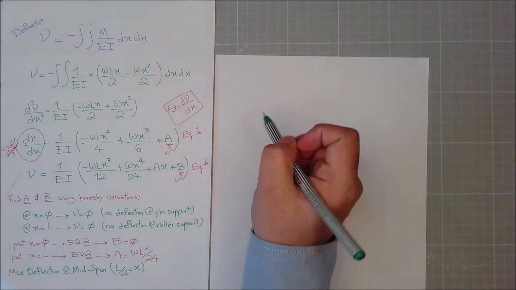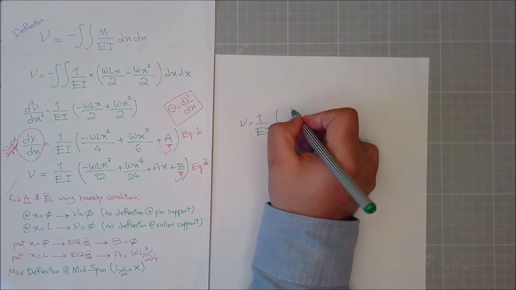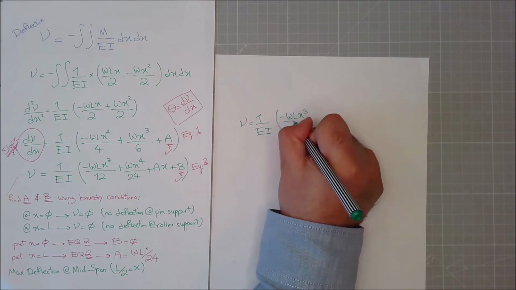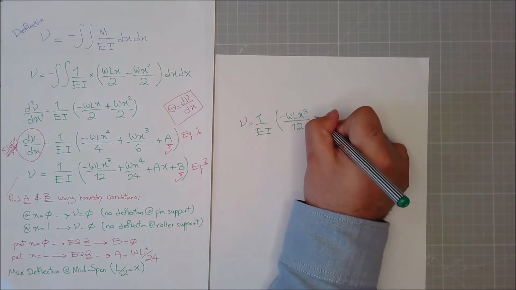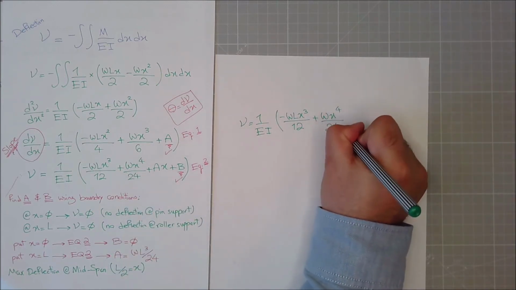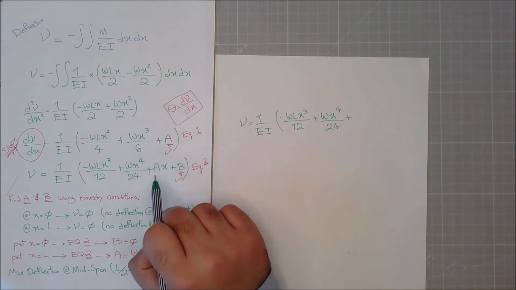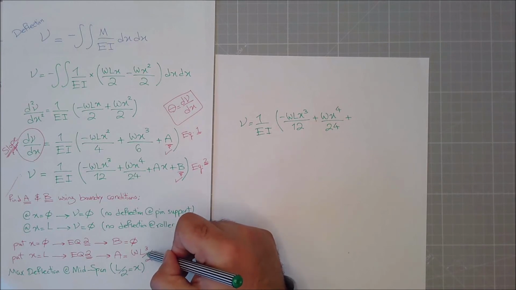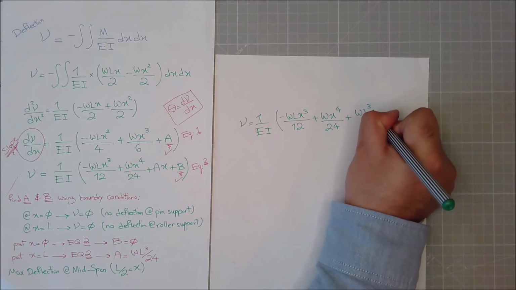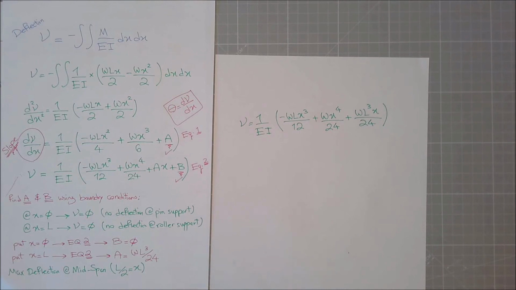So deflection will be 1 over EI times negative WLx to the power of 3 divided by 12, plus Wx to the power of 4 divided by 24, plus I'm replacing A with this, WL to the power of 3 x divided by 24, and B is 0, so I won't put it in, I'll just ignore it.